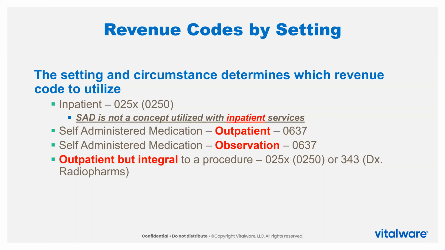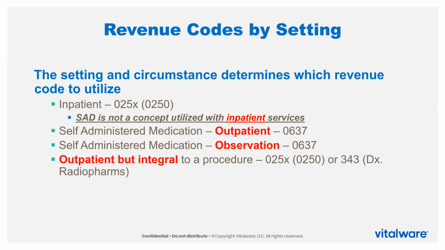And then for observation, big flash of alarms there. When you have patients in observation for 24 to 48 hours, these drug prices can really start piling up. So you're going to want to start the involuntary ABN, the voluntary ABN, and/or some sort of education early on in the observation period.